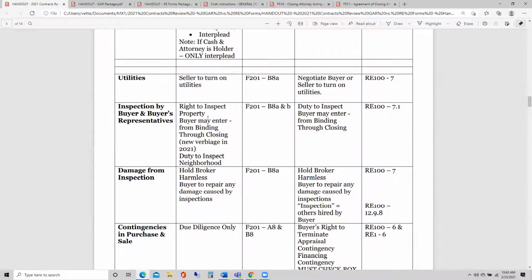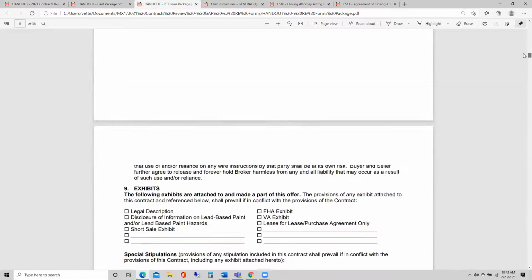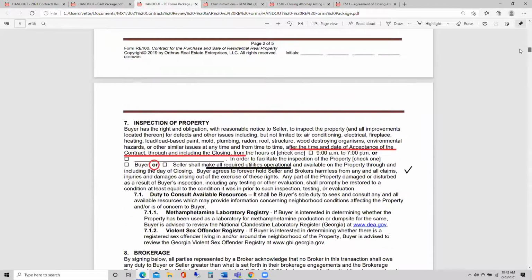Utilities. In the GAR contract package, it specifically states in paragraph B8A that the seller is required to turn the utilities on and keep them on from binding agreement date through closing. In the RE Forms contract package, you have a place to fill in the blank and to negotiate: buyer or seller shall make all required utilities operational.